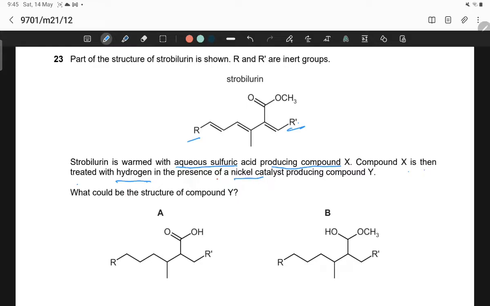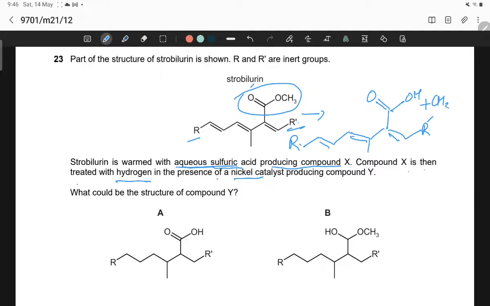So when it reacts with aqueous sulfuric acid, this is an ester group, so it could be OH, and this is the R dash, double bond, double bond, double bond, and R. Plus CH3OH.